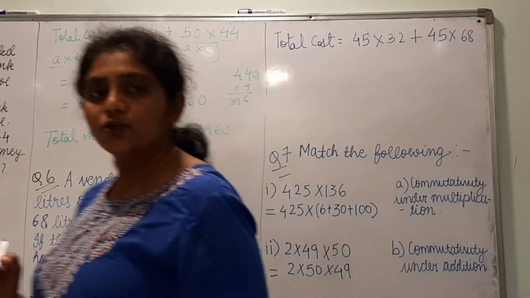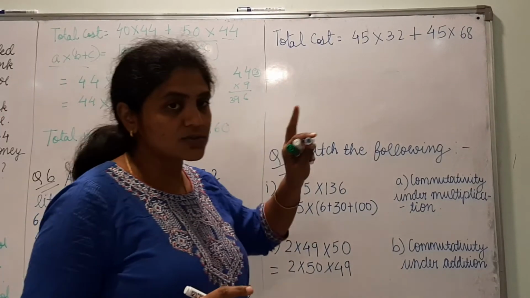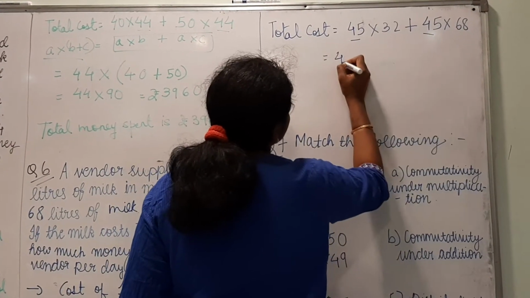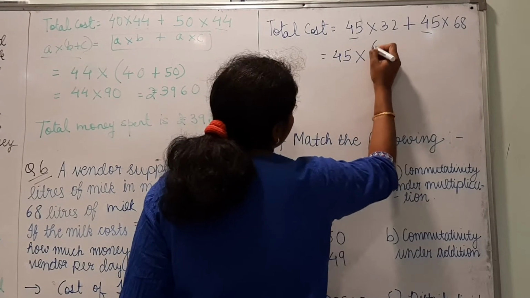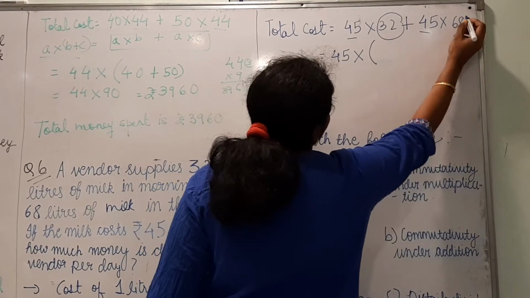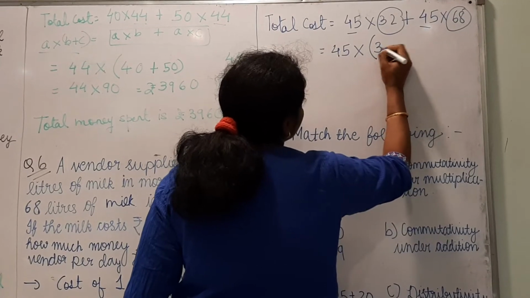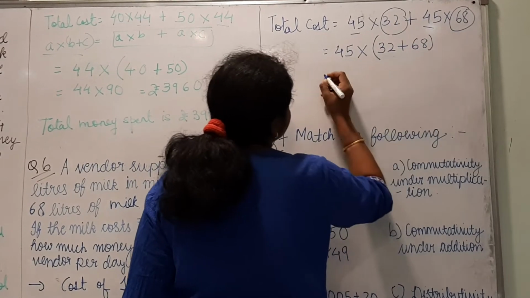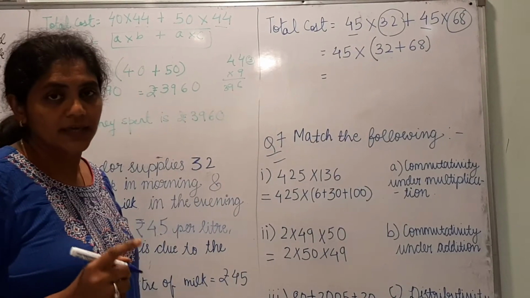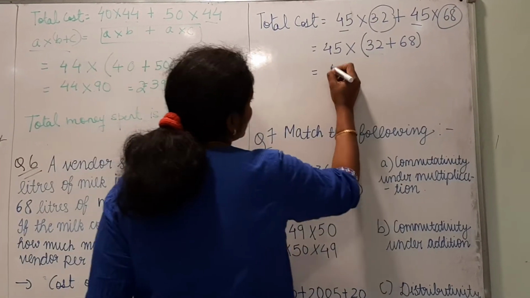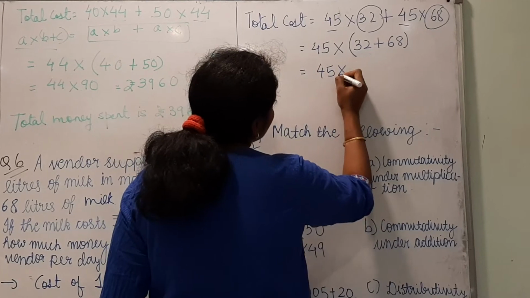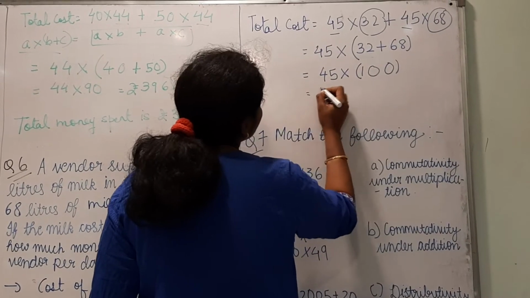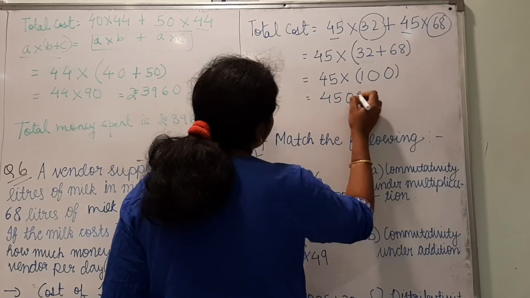Again, A into B plus A into C. So I will take this as common, multiplied by the remaining, which I will keep in a bracket, A into B plus C. So this is 45 multiplied by 100, it will be 4500.